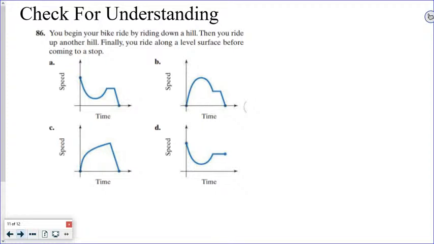Finally, you ride along a level surface before coming to a stop. Discuss with your table partner: which one of those graphs would represent that ride? Go down a hill, up a hill, level surface, stop.